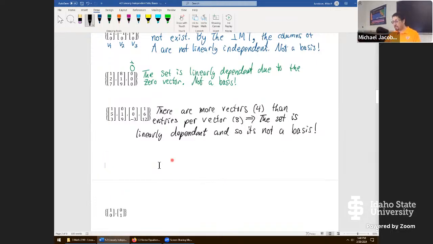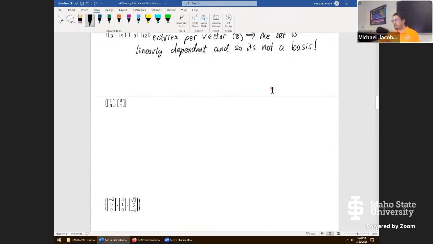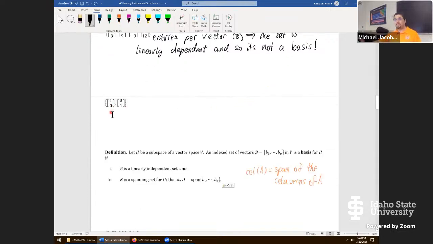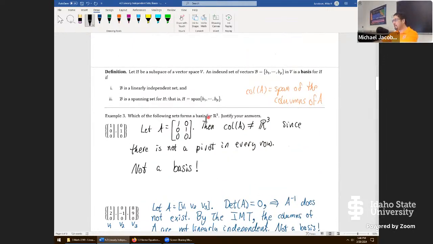Then coming down next, I feel like this one is the trickiest one of the whole set, because looking at this, it is a basis. But if we scroll up, the question was, is it a basis for R3? So now that's a technicality, right? It makes it an awful trick question, but it is something that we have to watch out for.